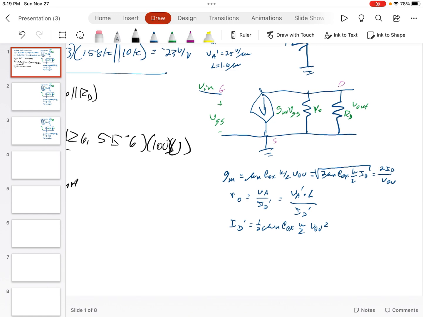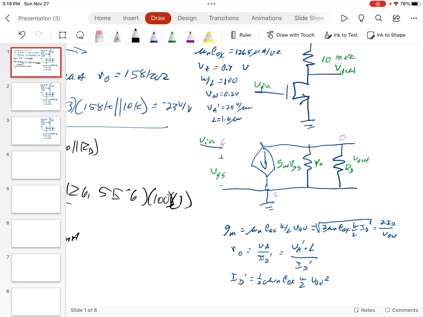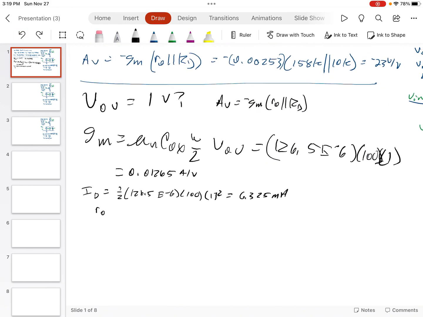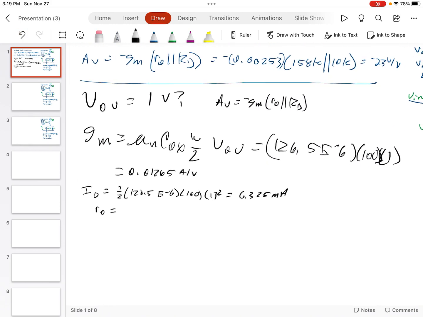R naught, we had VA is 25 volts per micron, so we find R naught from this equation, because we've also got an L, 1.6 microns. So R naught is equal to VA prime times L over ID prime, and ID prime is what we just got.